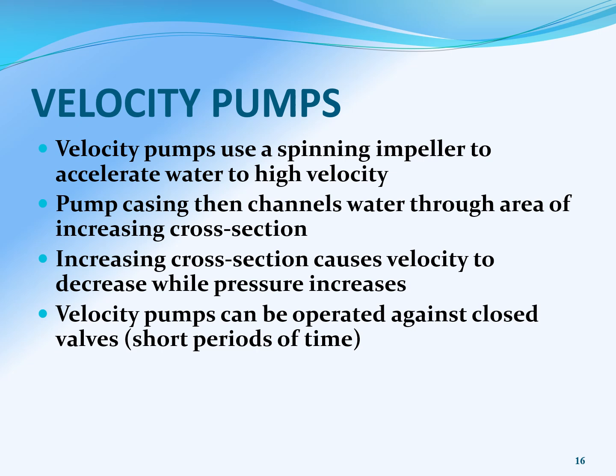So as that pump casing channels that water through an area of increasing cross section, it increases the cross section, causing velocity to decrease while pressure increases, right? So as water's flowing through there, it's increasing that velocity. And then as it's being discharged, you're flowing it into a smaller area, which then increases that pressure, right?